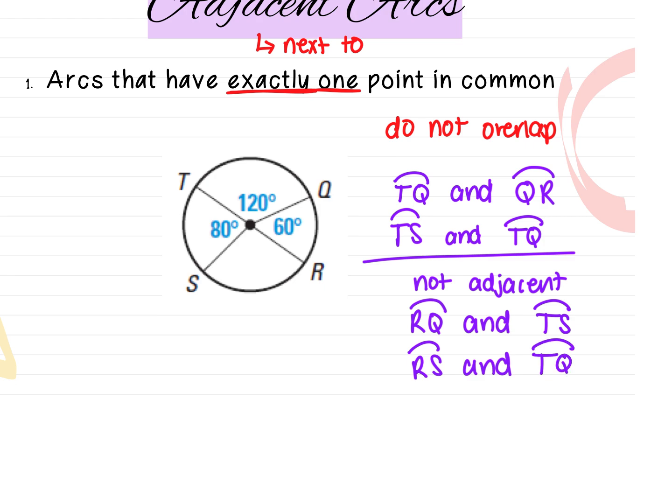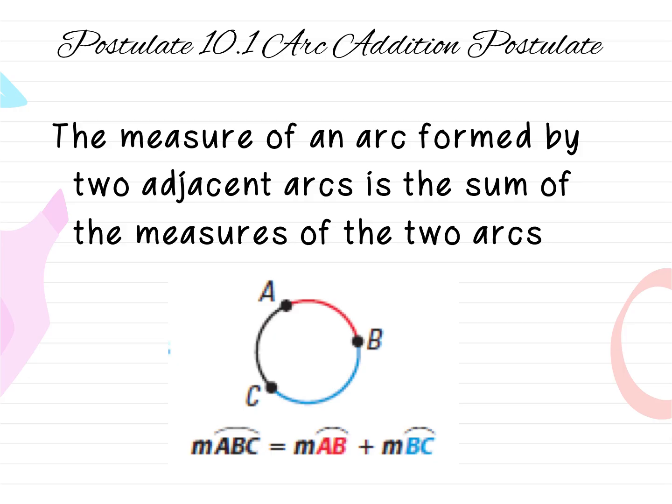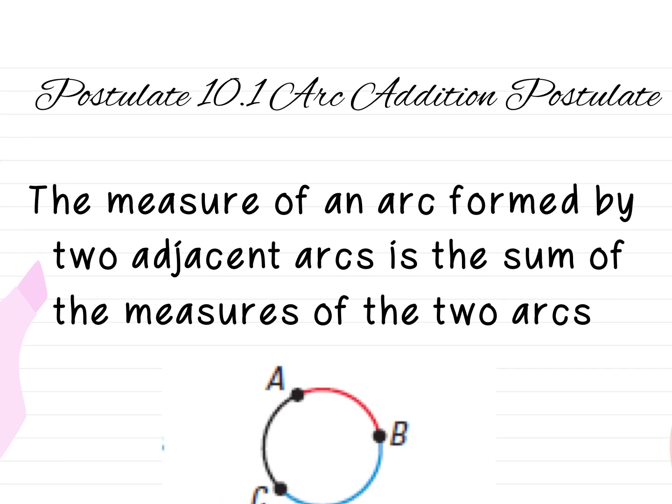Keep in mind, if I were to say RS, I could still say TR, or TQR to be more specific. So just be aware of that. Just remember, adjacent means next to. You have adjacent arcs.